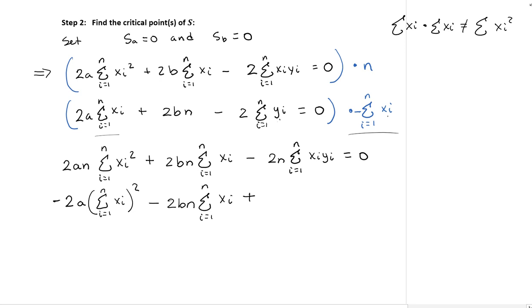This is going to be 2 summation, sorry about that, x sub i from 1 to n, I forgot to write that, times the sum of y sub i from 1 to n equals 0.